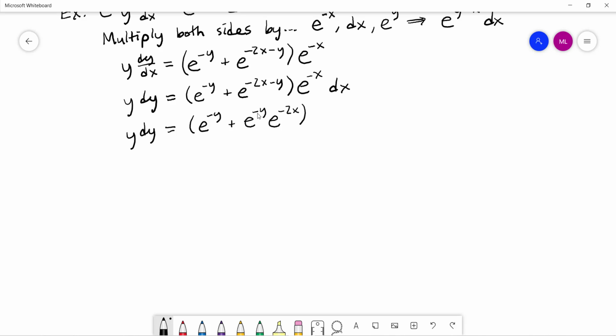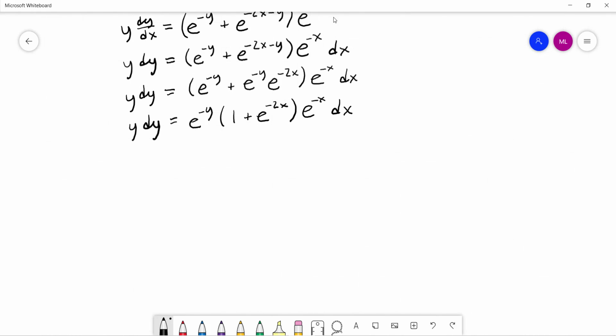Right? Same rule that we used before to separate when you have a sum or difference of terms in the exponents. You can create that as a product of exponentials. And we have our e to the negative x dx that I haven't touched yet. And so now I can factor this e to the negative y out. I'll be left with 1 plus e to the negative 2x times e to the negative x dx times y dy.